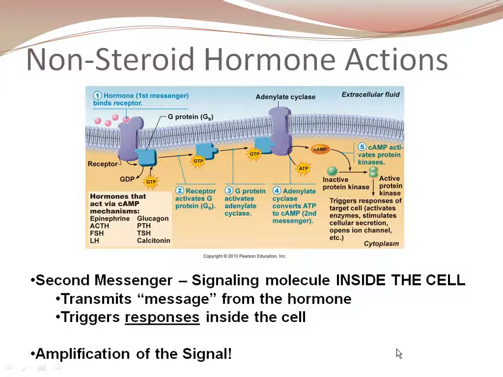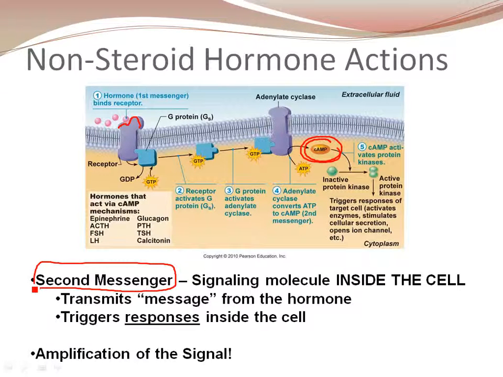Okay, so let's take a look at what happened. Hormone bound to the receptor on the cell surface. We went through a series of steps, and we ended up with cyclic AMP molecules on the inside of the cell that were not there before. These cyclic AMP molecules are an example of what's called a second messenger.